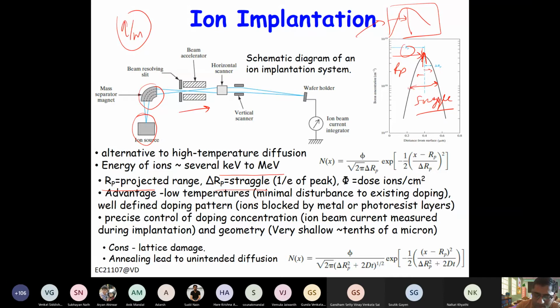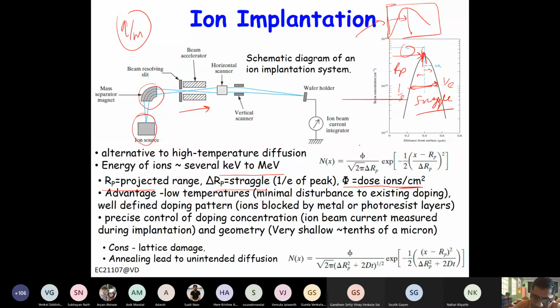The straggle is the distance where the profile falls to 1 by e of the peak, and phi is the dose of ions per square centimeter, because we are supplying the ions on the surface. So the dose is expressed per square centimeter, and when it goes inside, the doping is per cubic centimeter.